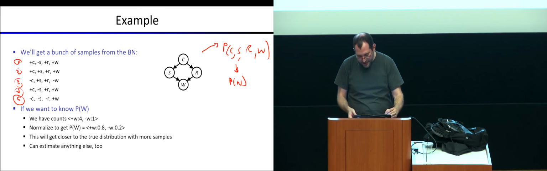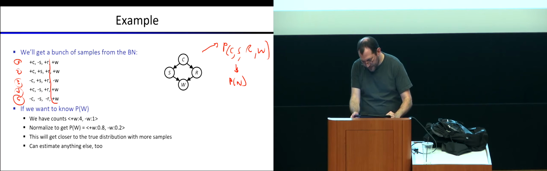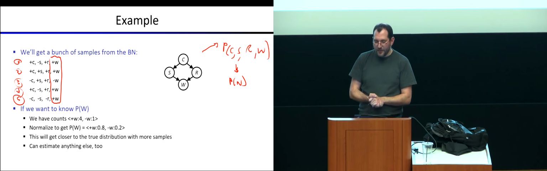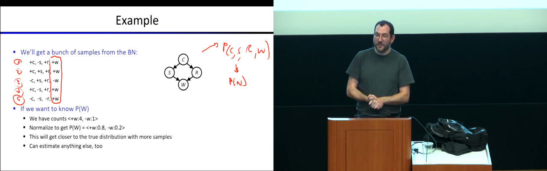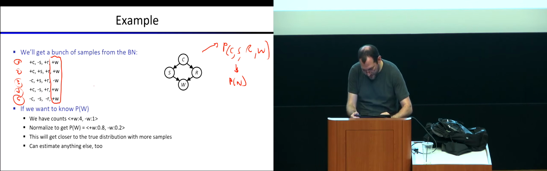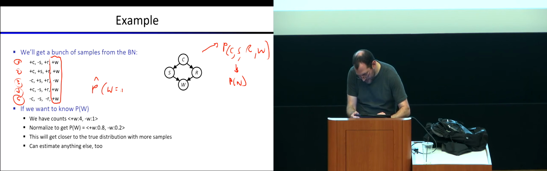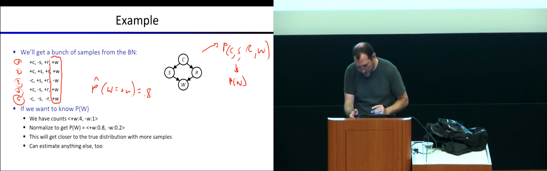Well, I could look in these samples. And I could say, well, in these samples, sometimes W comes out plus and sometimes it comes out minus. And in these samples, what's the probability of plus W? It's 4/5 or 80%. So I could write that in these samples, the probability that W is plus is 0.8.